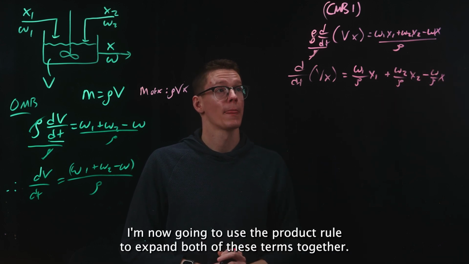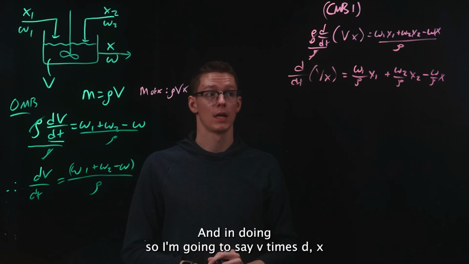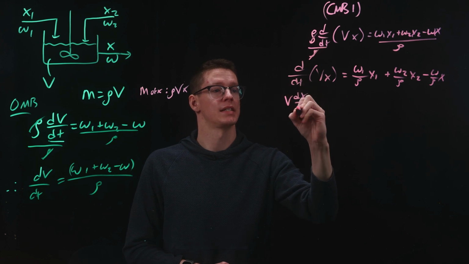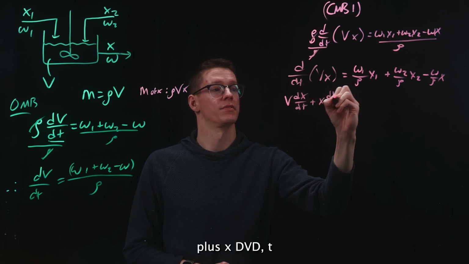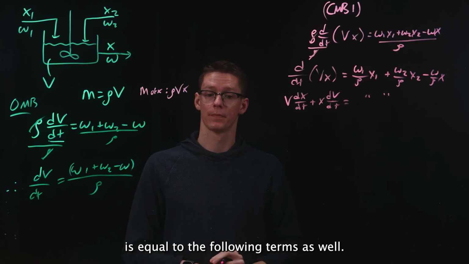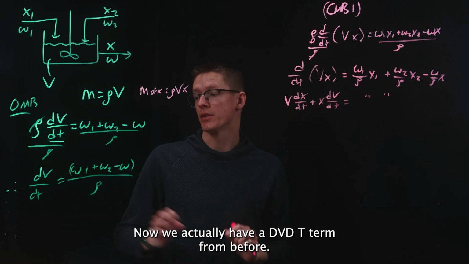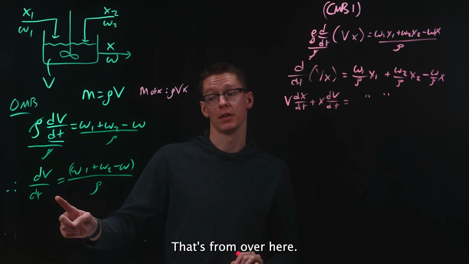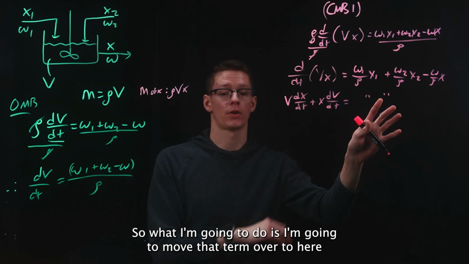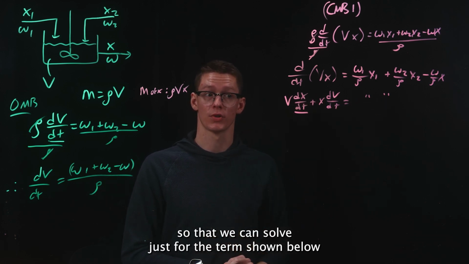With that, I can use the product rule to expand both of these terms, and I get V dx/dt plus x dV/dt is equal to the following terms as well. Now, we have a dV/dt term from before, from over here, so I'm going to move that term over so that we can solve just for the dx/dt term shown below.